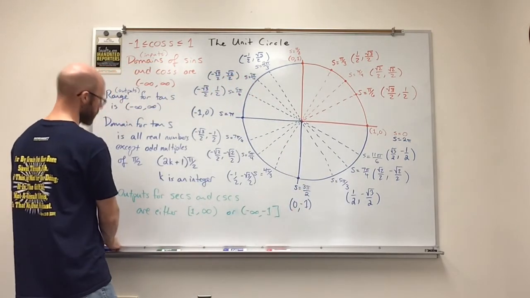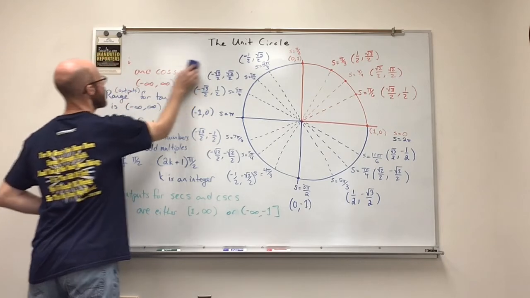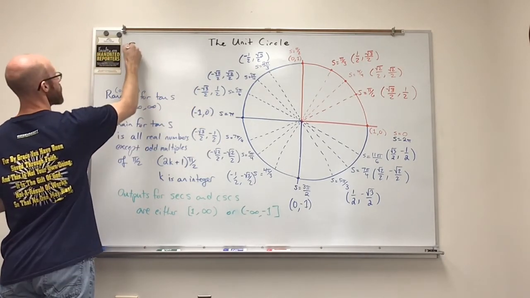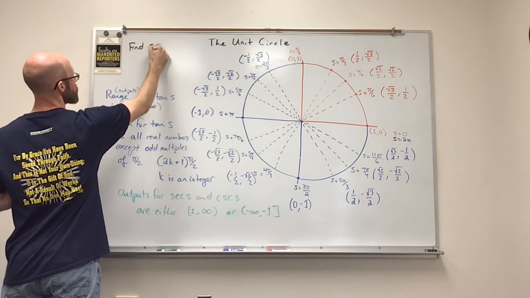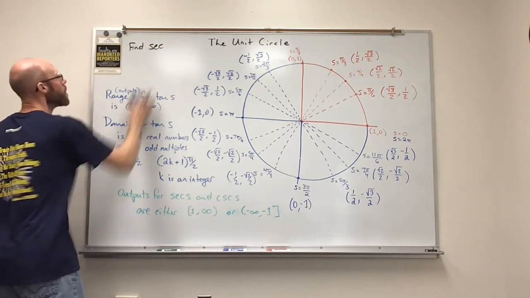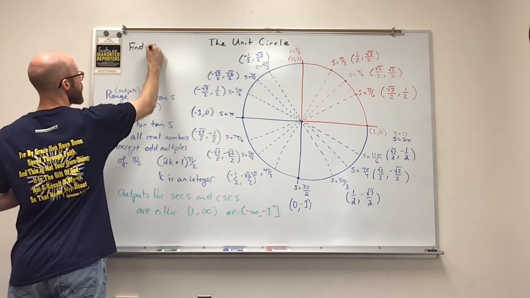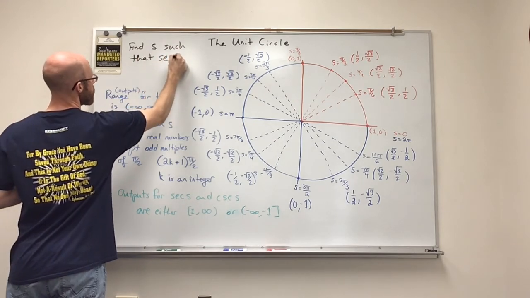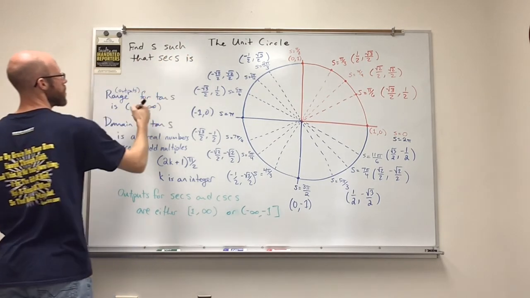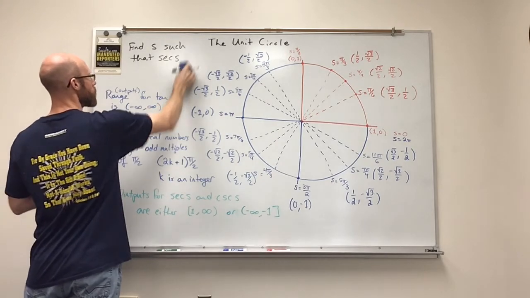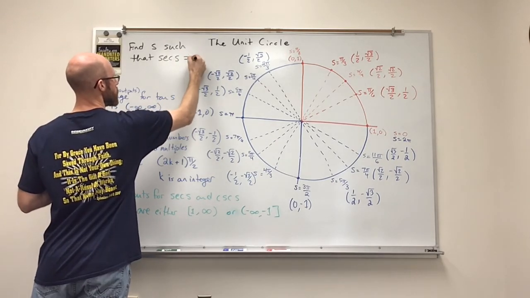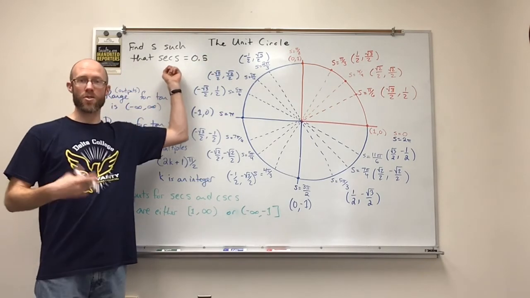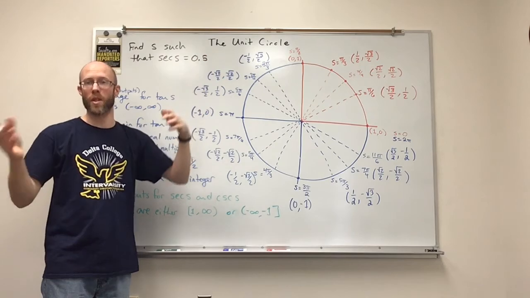So if you're ever asked to find S such that the secant of S is equal to like 0.5, right, or 1/2, well, there is no value because the secant can never be between negative 1 and 1.